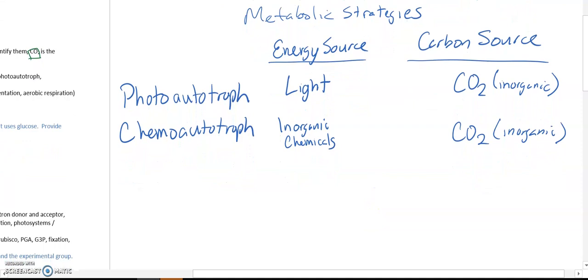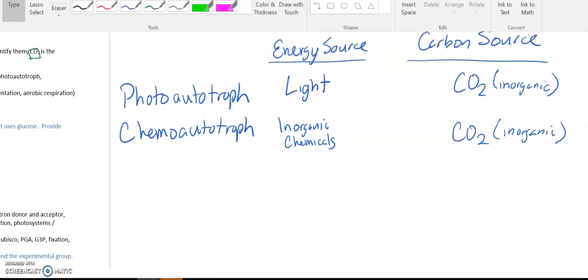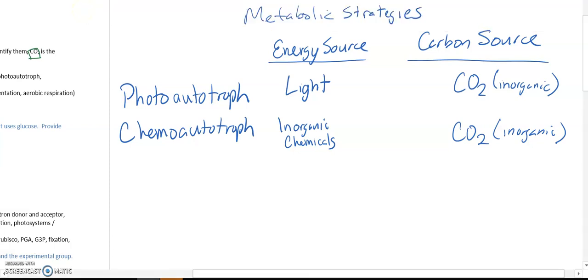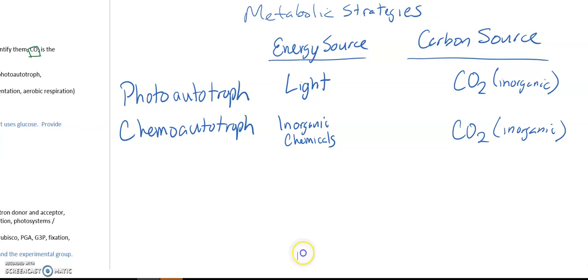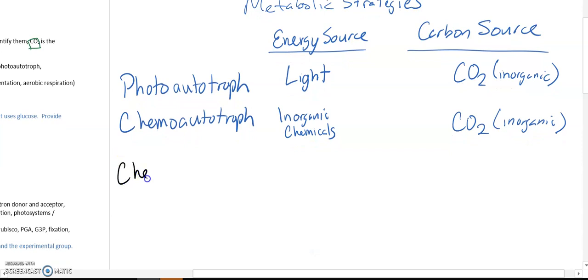Now, the other 2 metabolic strategies would be the 2 opposites of these. So what's the opposite of an autotroph? Good. All right. So what are we as human beings? What kind? Chemo. Good. So you can have chemoheterotrophs, and chemoheterotrophs get their energy source from what?